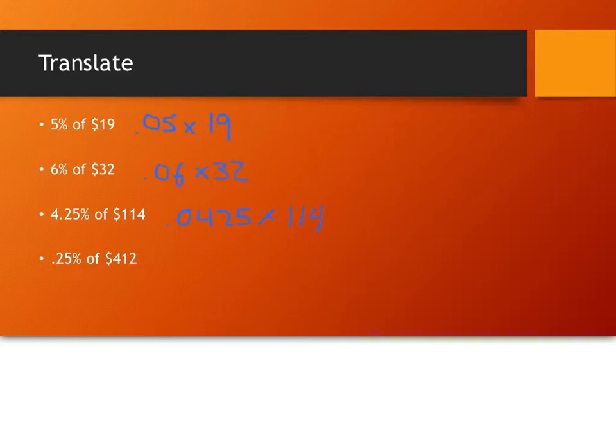And then 0.25%, that's less than 1%. That is 0.0025, and we're multiplying that by 412.